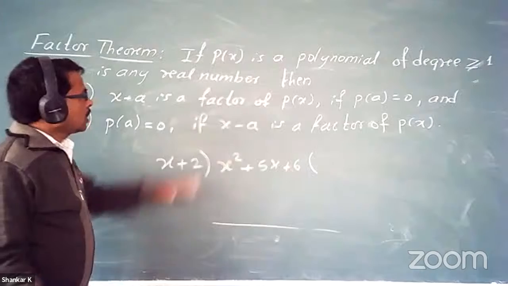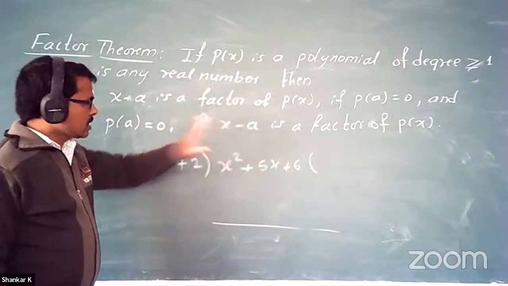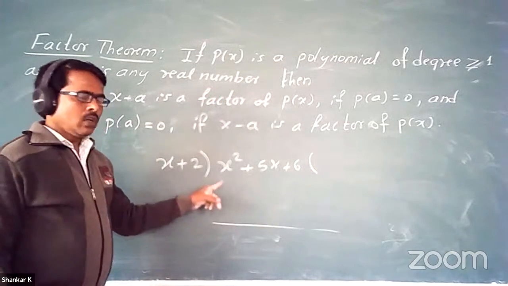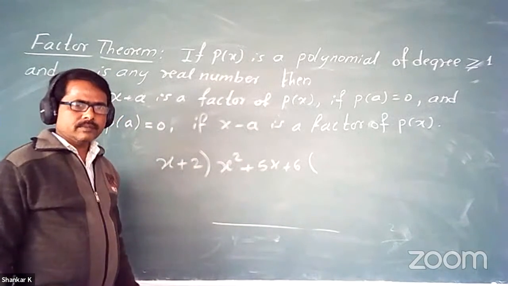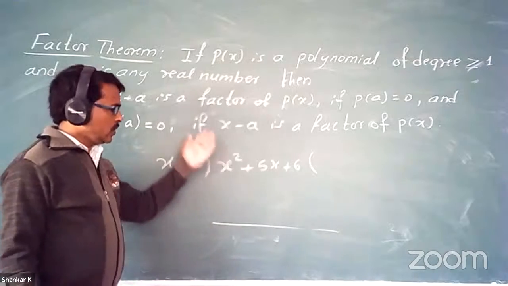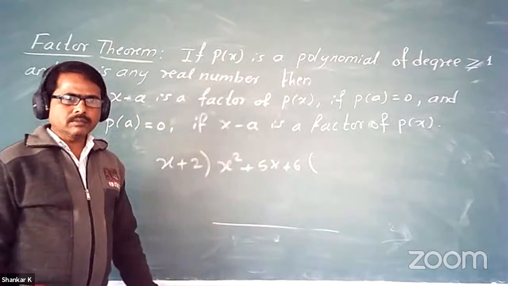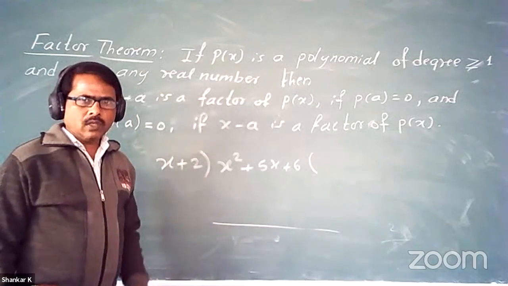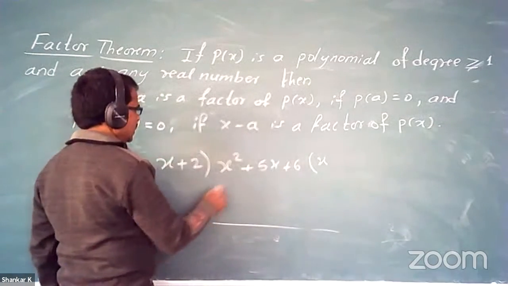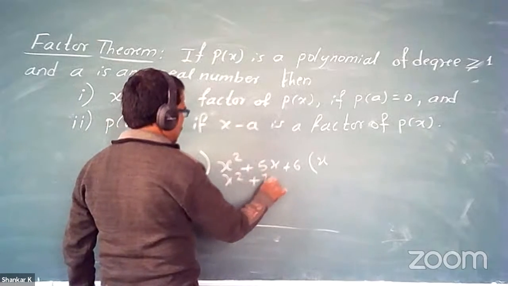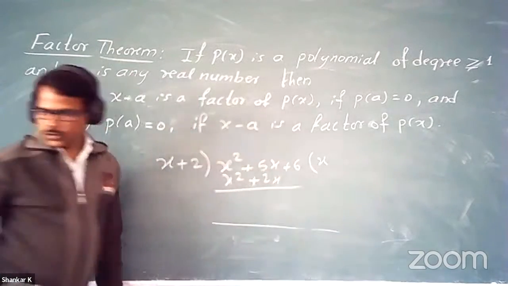Now you leave this here and see this. I want to check whether x plus 2 is a factor of this or not. There are two ways. Actually you can divide or you can use remainder theorem. First divide. Here x, you put, it became x square plus 2x.